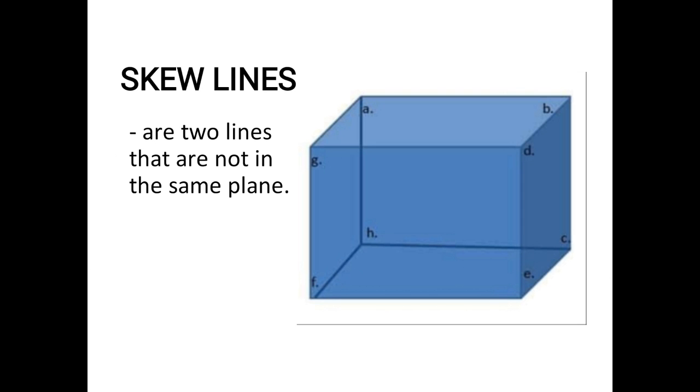Next, line EF and line AH are skew lines. Third, line AB and line CE are skew lines. Fourth, line GA and line DE are skew lines.